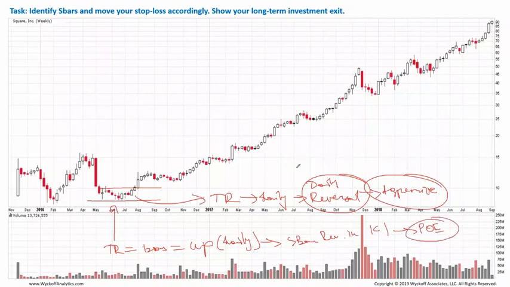So then how could we confirm possibly on the weekly that we are done and that we can use the weekly stop losses? How could we produce that switch from daily to weekly?